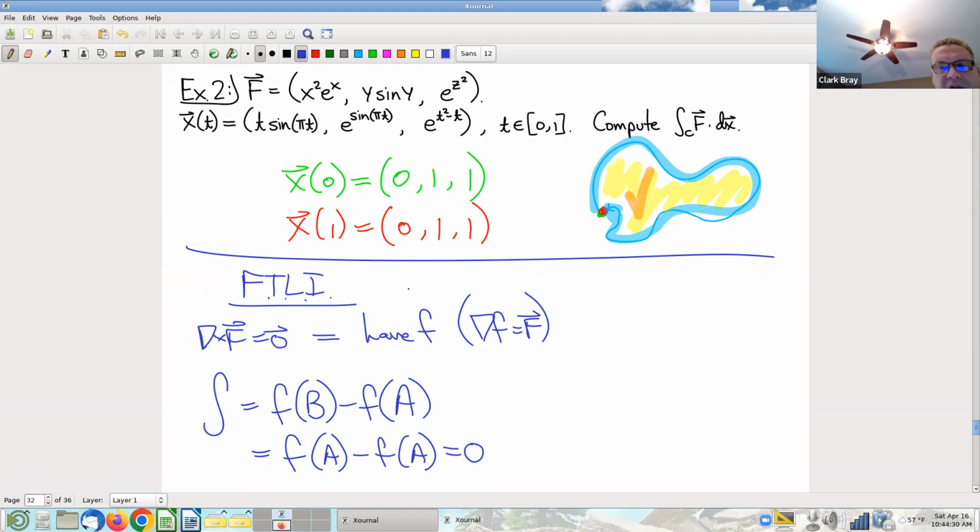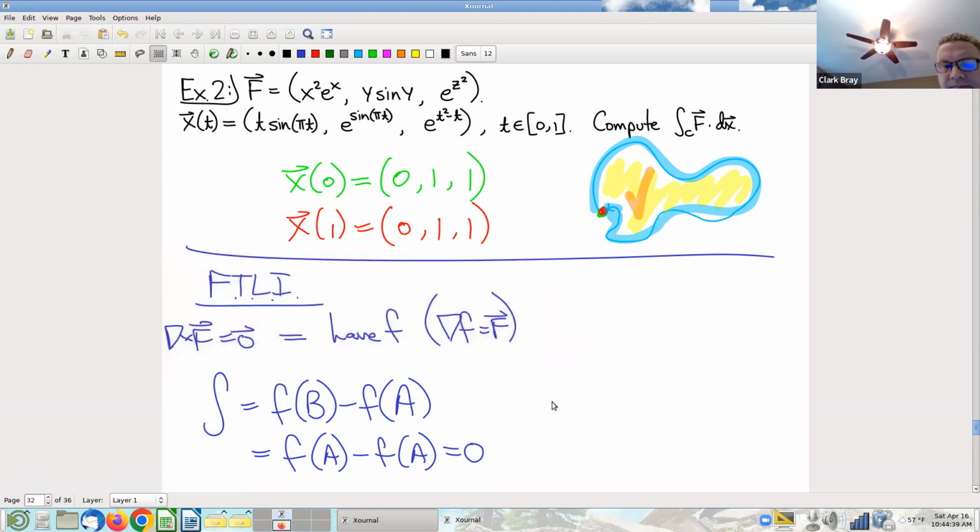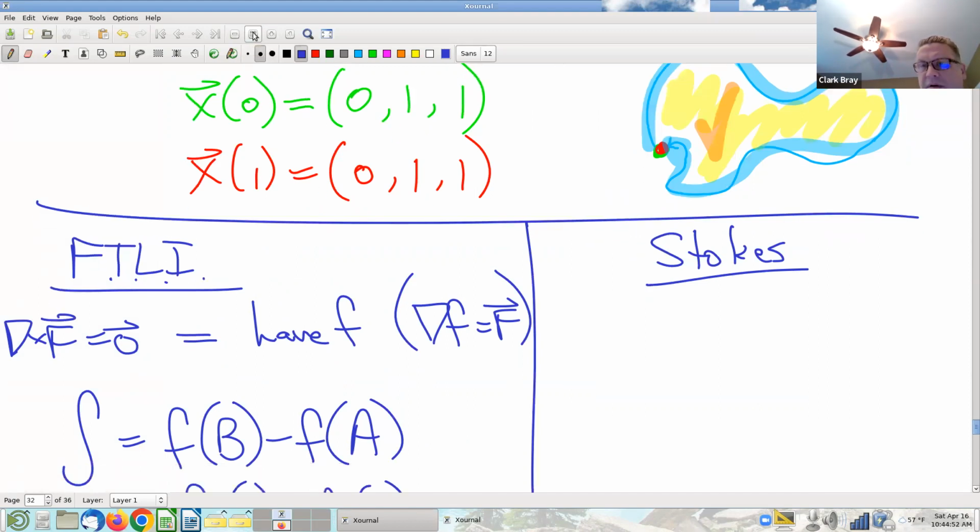Okay. All right, now let me show you, on the other hand, if you wanted to do the Stokes argument. The Stokes argument would go like this.